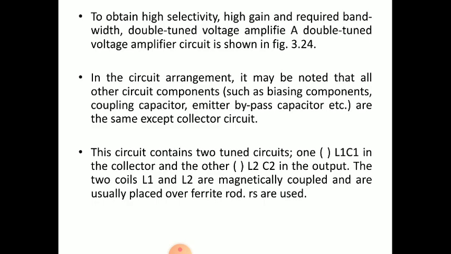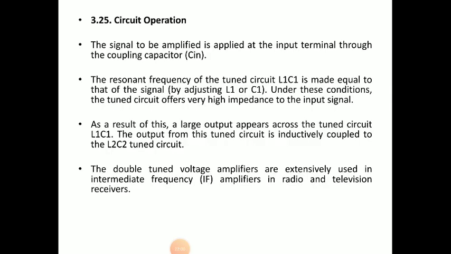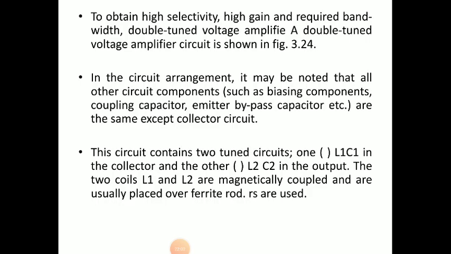To obtain high selectivity, why are we going for the double tuning? Because to obtain high selectivity, high gain and required bandwidth, a double tuned voltage amplifier circuit is used.